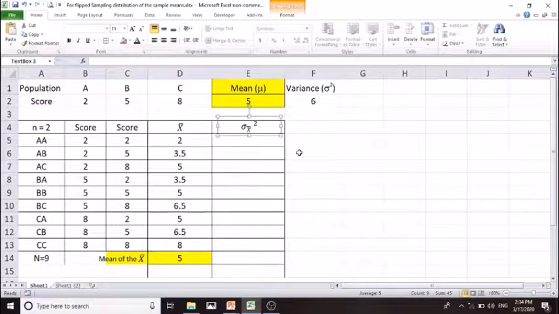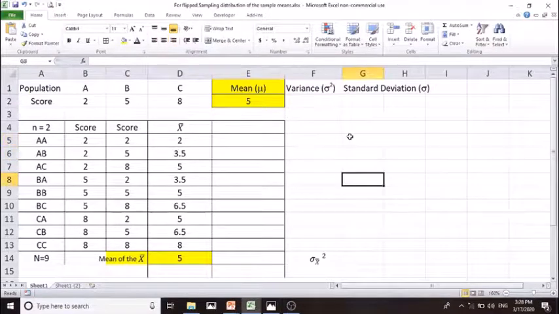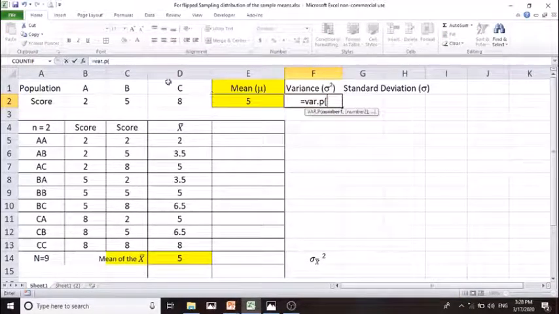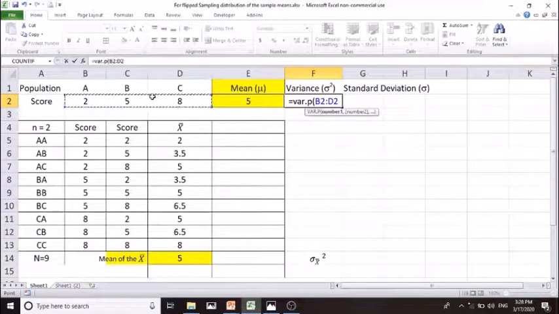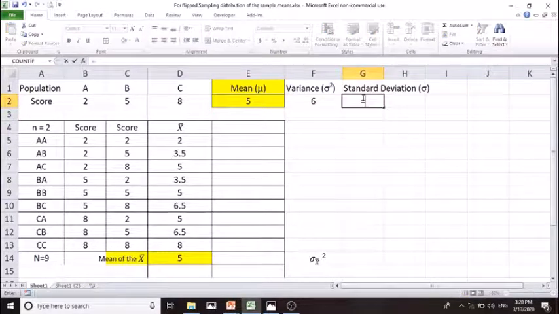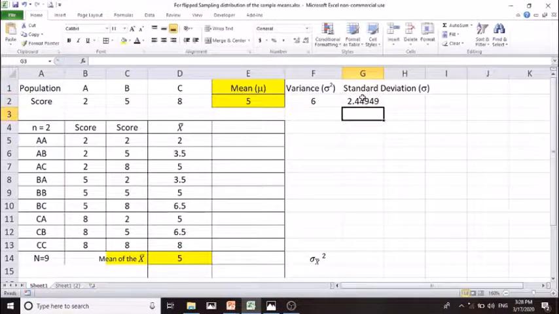Using Excel, the population variance is 6, and the standard deviation is simply the square root of 6. We have this figure, 2.44949.